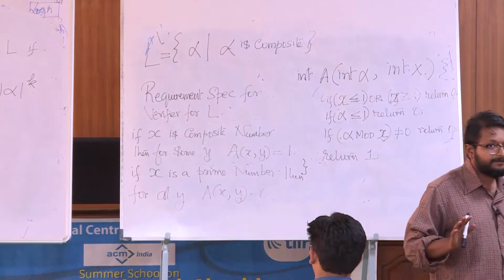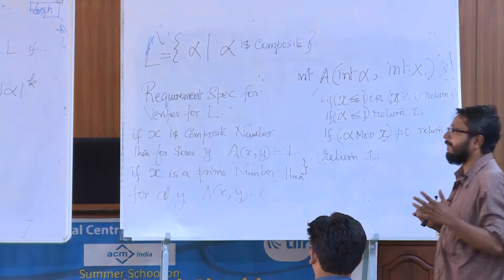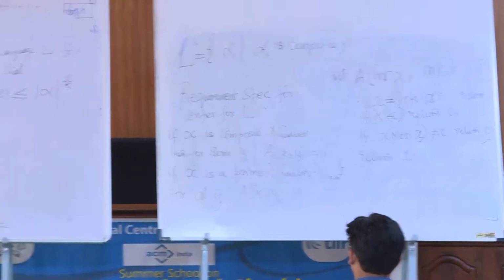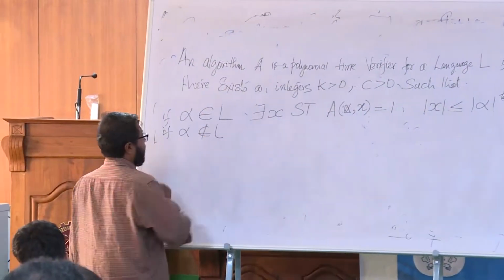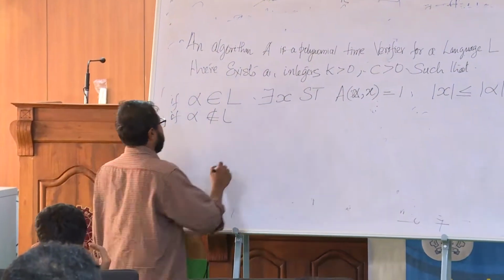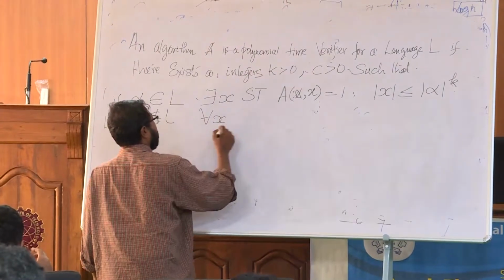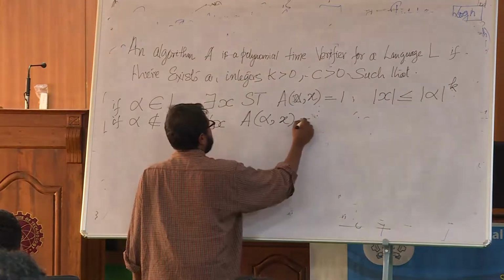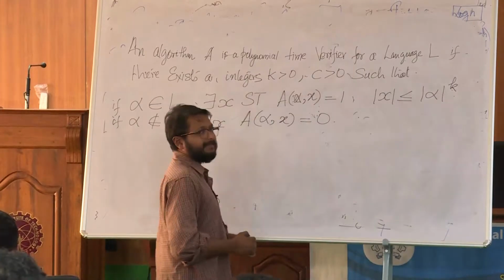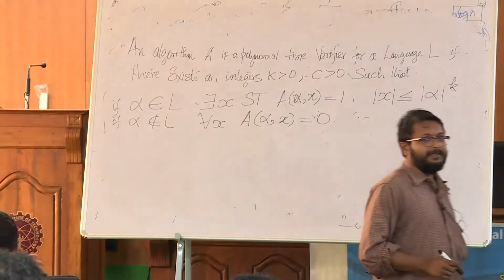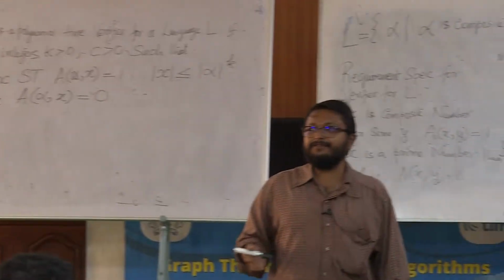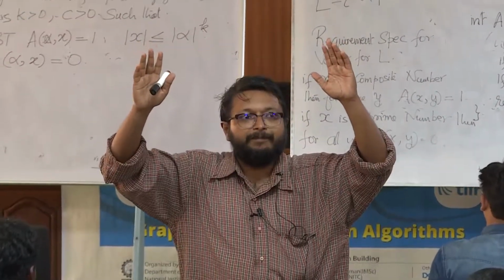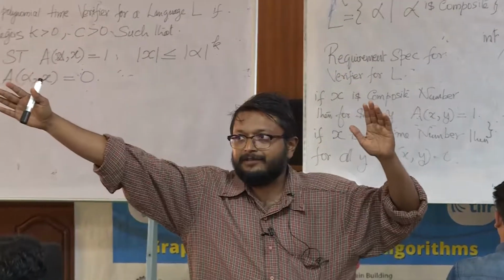Is this clear? What is the other requirement? If alpha does not belong to L, then for any x, whatever you supply as a proof, here I can drop the constraint. I do not care about the length of x. The reason is, I know that if there is a valid proof, the proof has to be at most of this length.